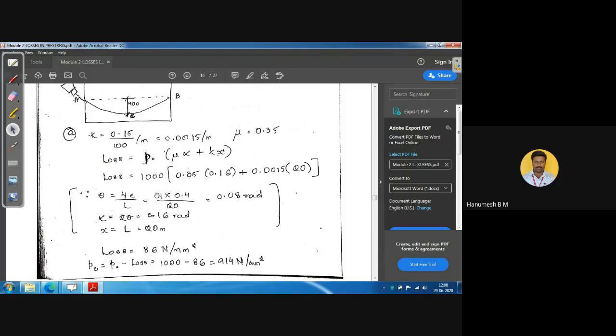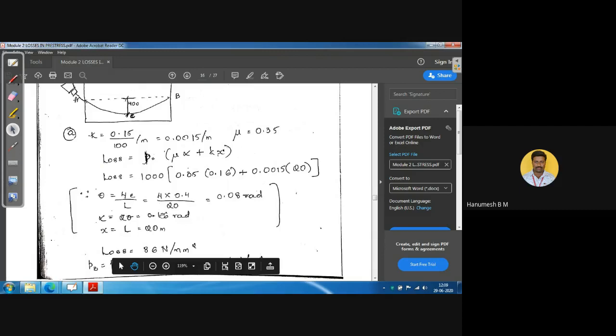Alpha we need to calculate. Alpha for jacking from one end is equal to 2 theta. For a parabolic cable, theta is equal to 4e by L, that is 4 into the dip of the cable, 0.4, divided by L, the complete 20 meter. It is 0.08 radians. Now, if the jacking is from one end, x is equal to L, x is equal to 20 meter.